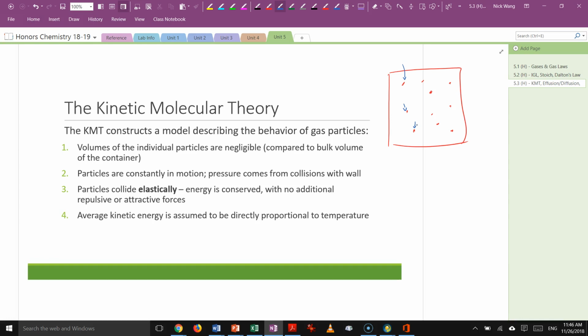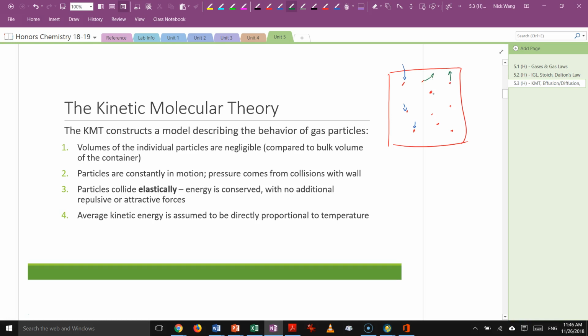Point 2, particles are constantly in motion. Pressure comes from the collisions with the wall. Now, this is something we've talked about before: these particles are never really still. They're always in motion, moving around, translating in space.